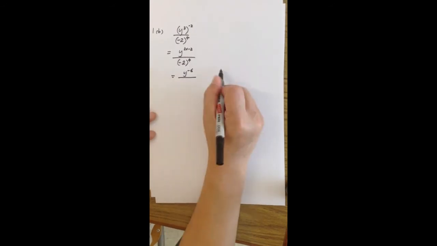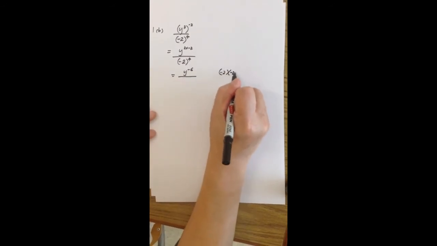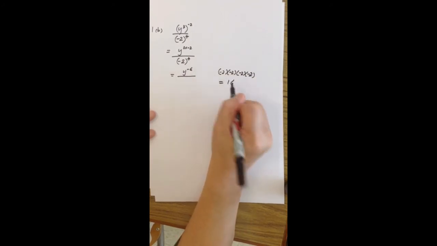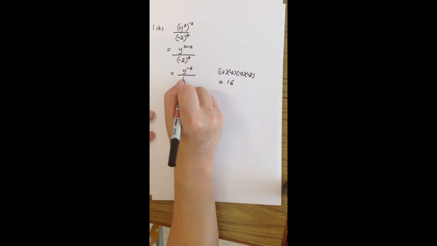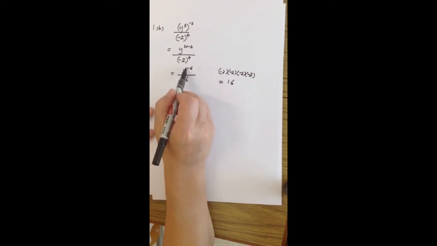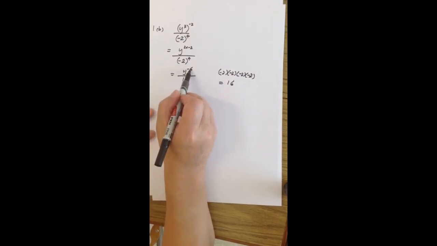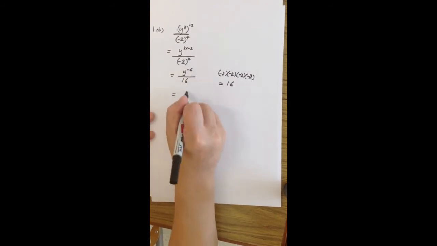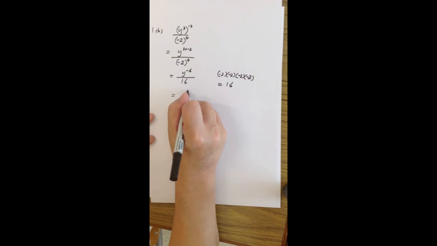Negative 2 to the power 4 is negative 2 four times, which means that the value is 16. How can we remove the negative 6 in the numerator?